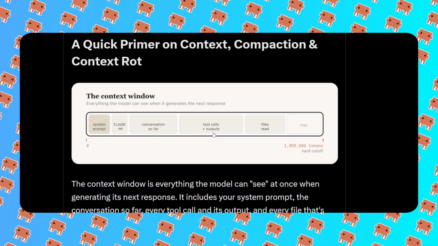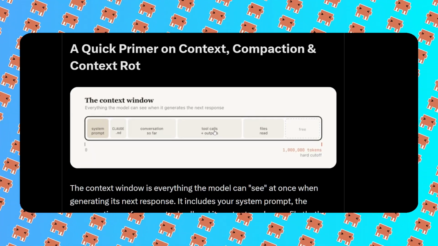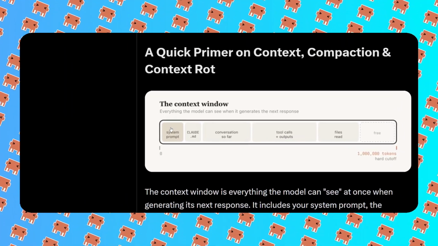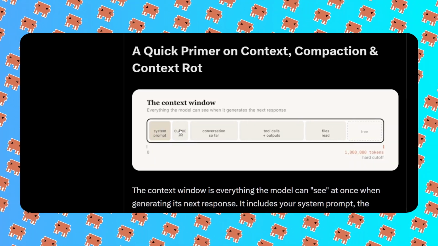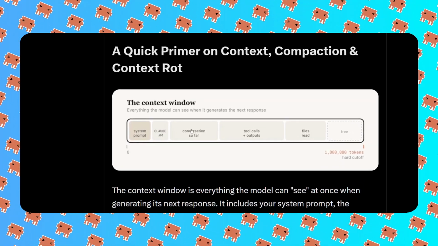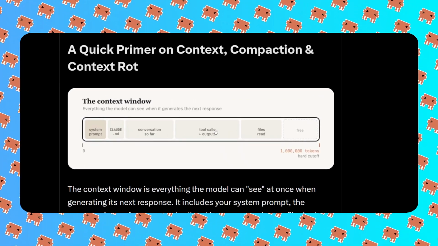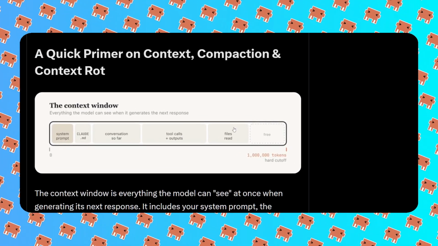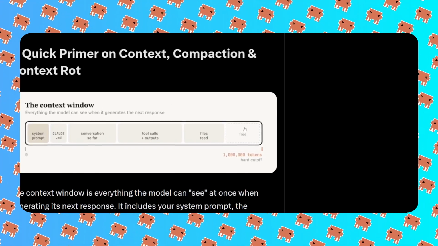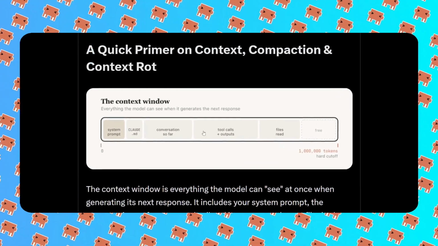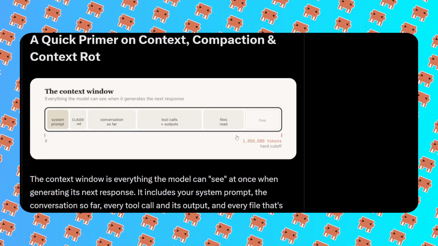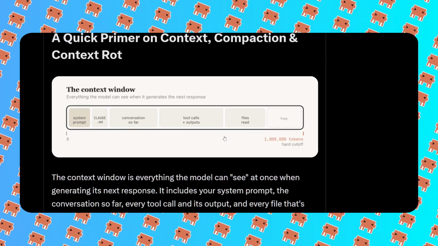Look at this image here. It's the context window: everything the model can see when it generates the next response. It can see the system prompt, the Claude MD file, the conversation so far, tool calls and their outputs, files read, and free space. And this is all within the 1 million token context window.